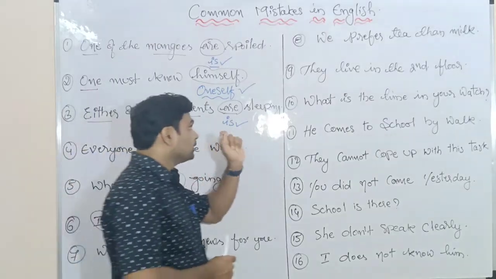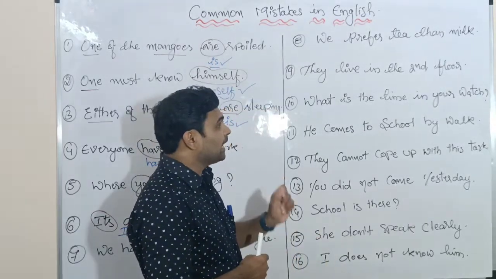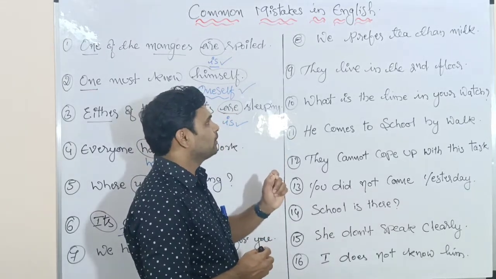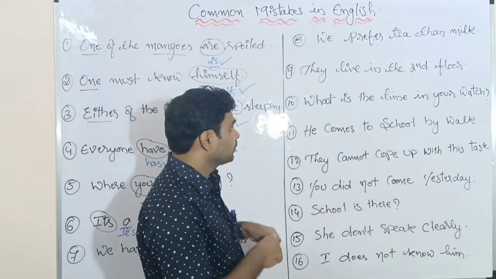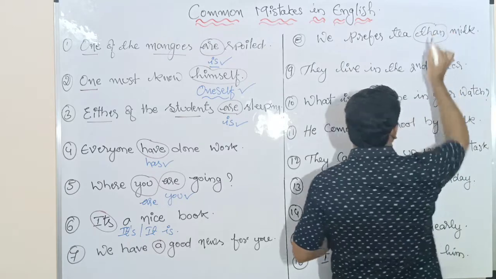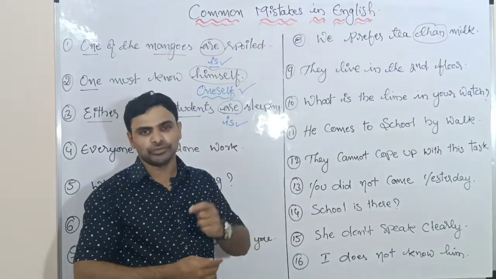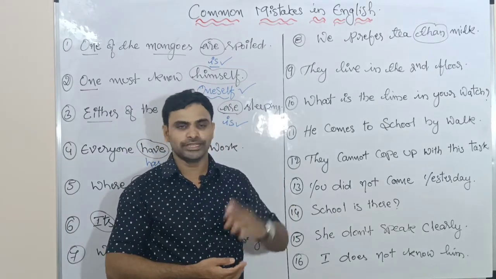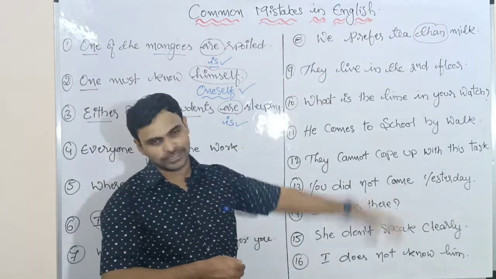Very good. Then the eighth one, "we prefer tea than milk." Many times this has come in the examination, in the test, time and again. Understand what this mistake is. The word than we use, dear friends, when we compare two people or two things. But we are not comparing tea with milk.